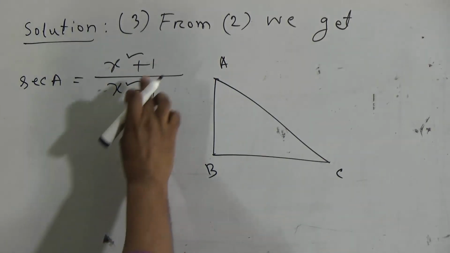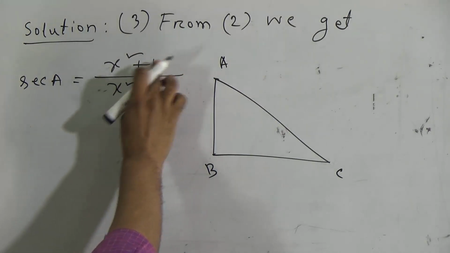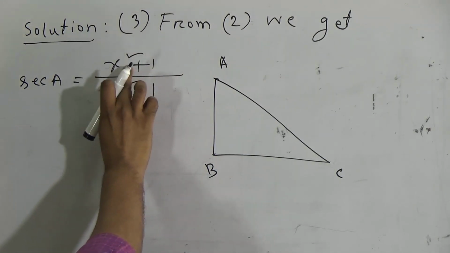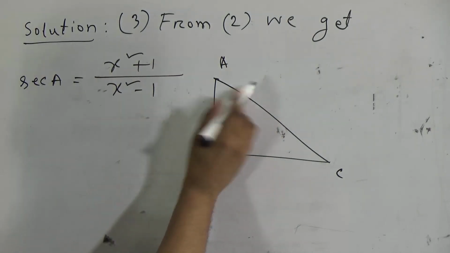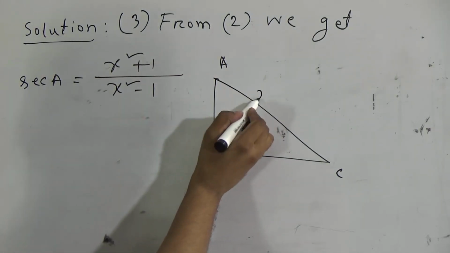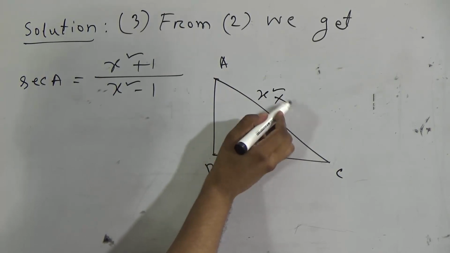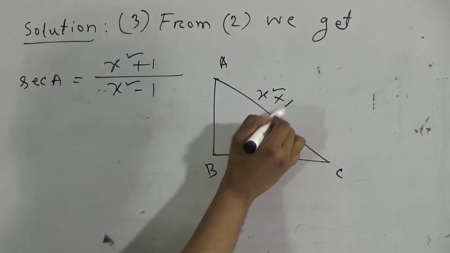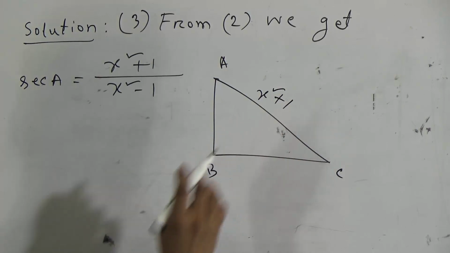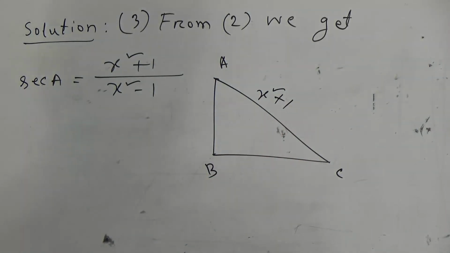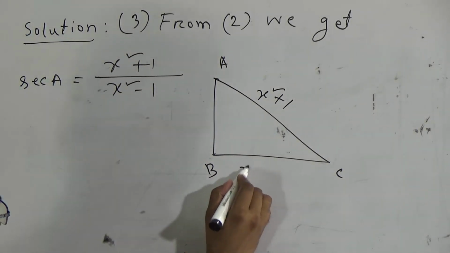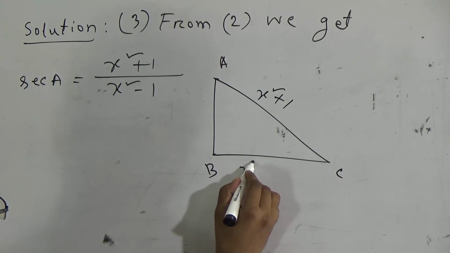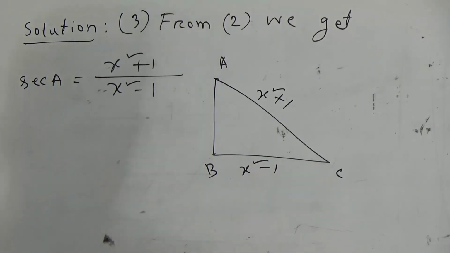Here the hypotenuse is given as x square plus 1, so the hypotenuse will be x square plus 1. And the adjacent side is x square minus 1.